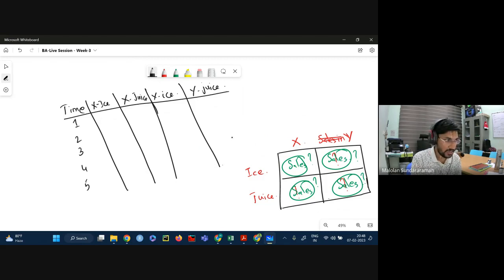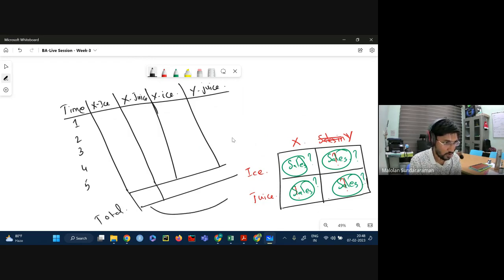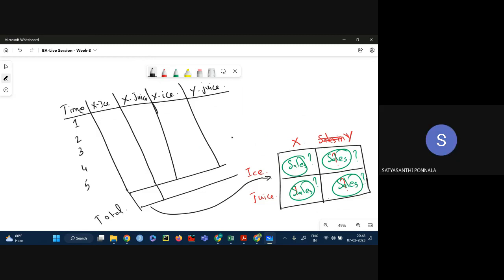And this will be collected for different time periods, and I will do a total. And this total will come and fill this table. Okay? Everyone with me so far? Yes, sir.